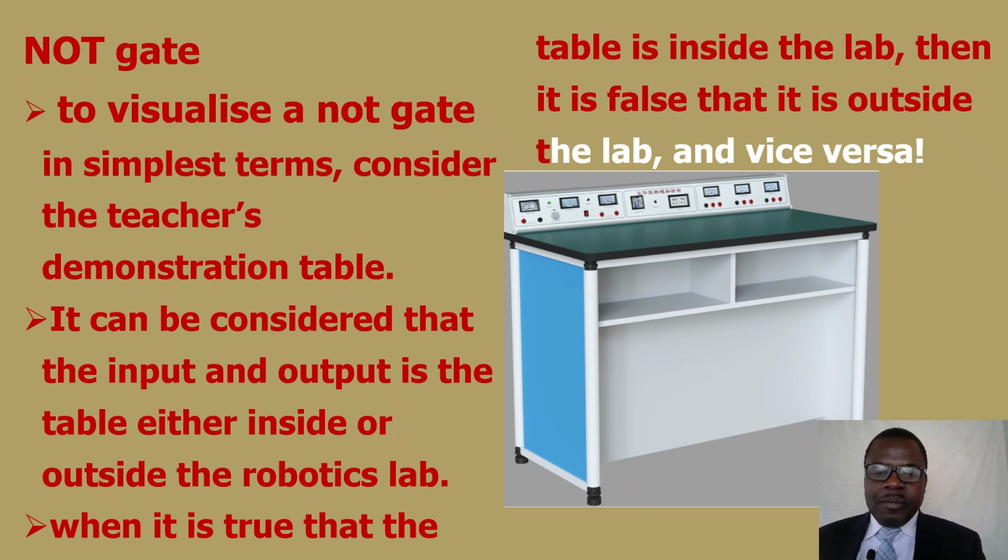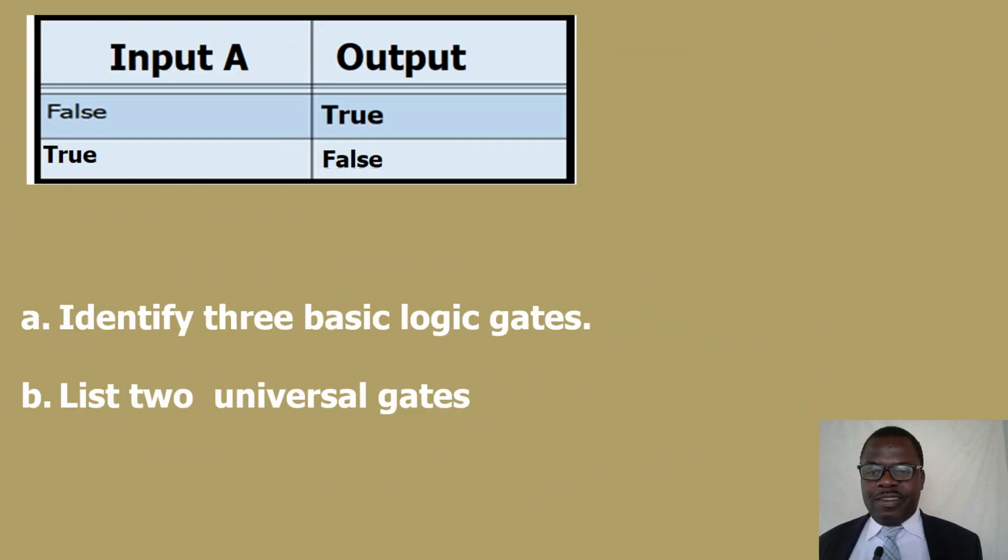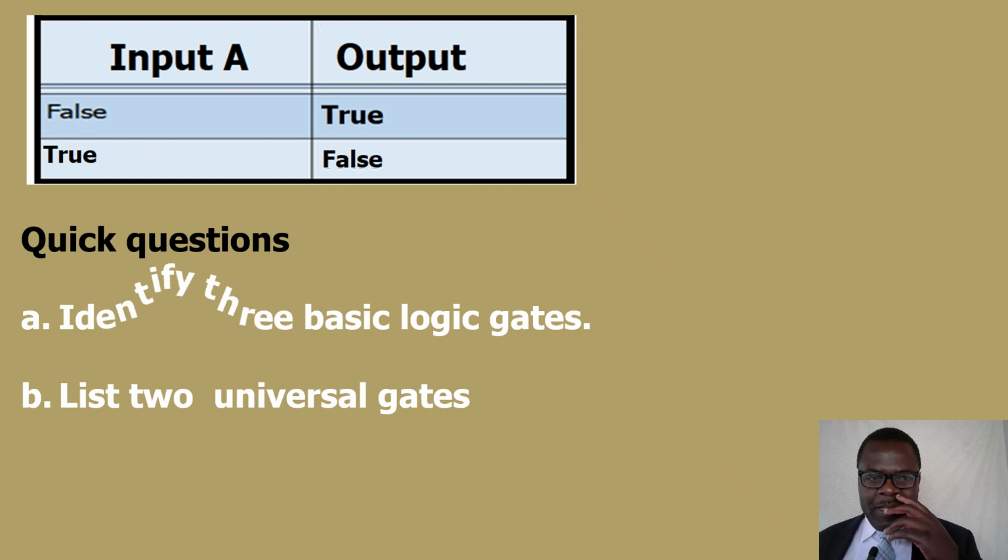When it is true that the table is inside the lab, then it is false that it is outside the lab, and vice versa. The truth table for the NOT gate is there: false, true, true, false.